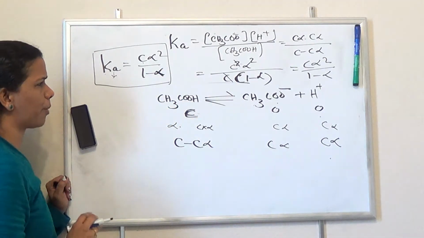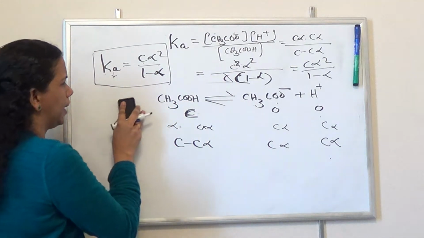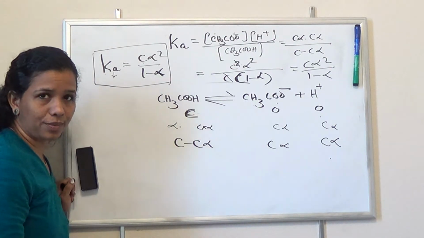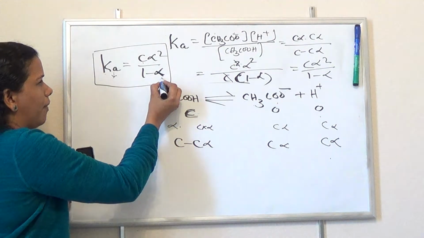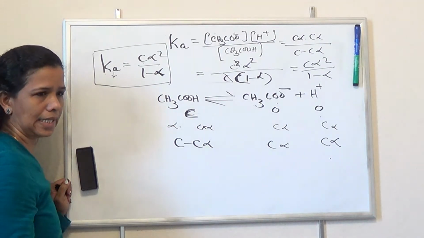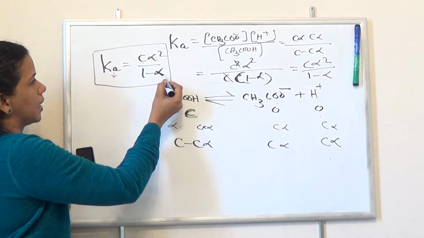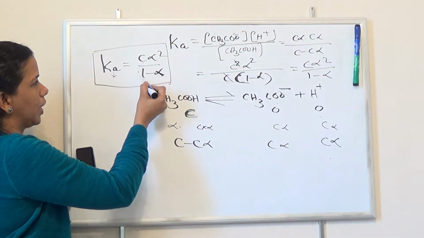For doing problems we can simplify this. If the degree of dissociation is very small, then alpha is negligible, that is, 1 minus a very small number is almost equal to 1.